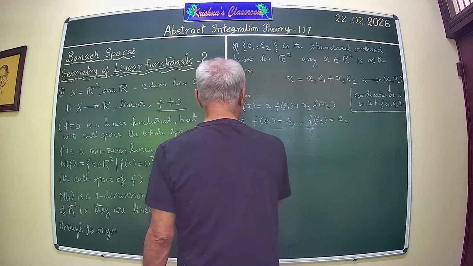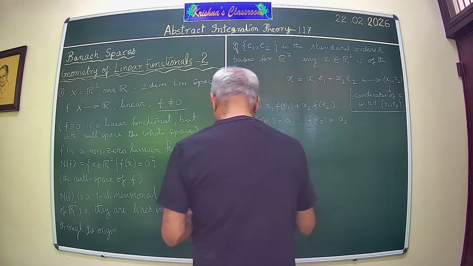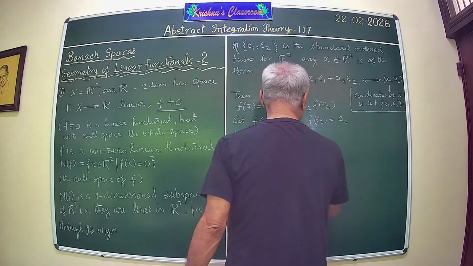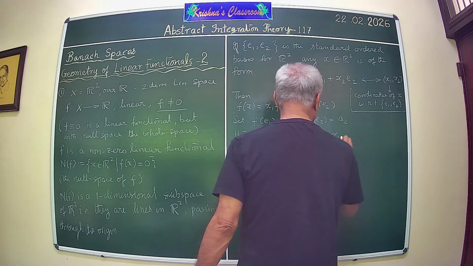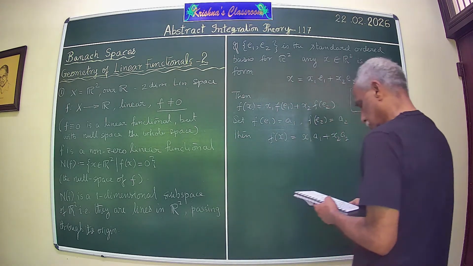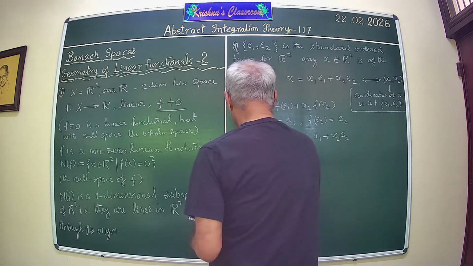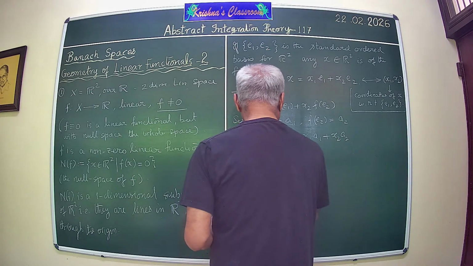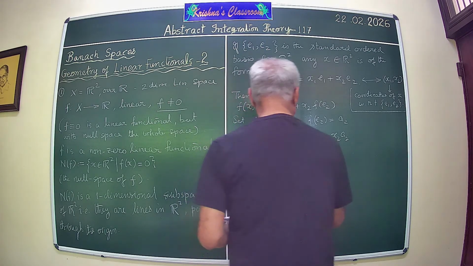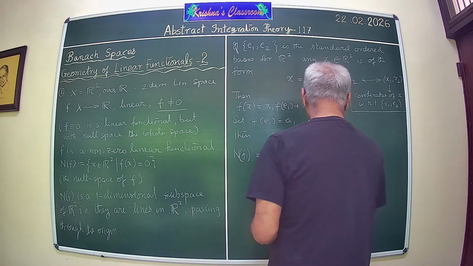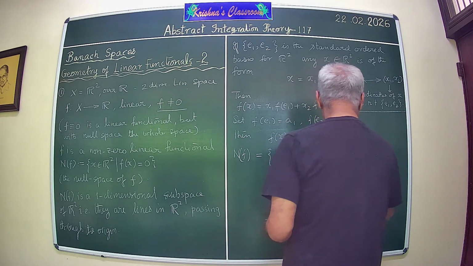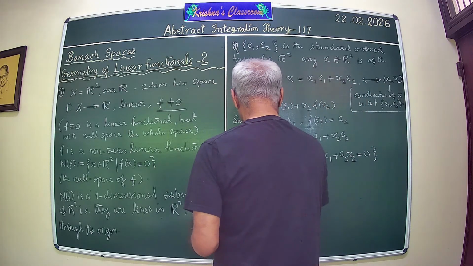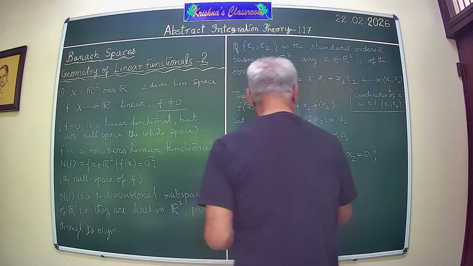Then f of x equals a1 x1 plus a2 x2, and N_f is then equal to the set of all (x1, x2) in R2 such that a1 x1 plus a2 x2 equals 0, which is a line through the origin.